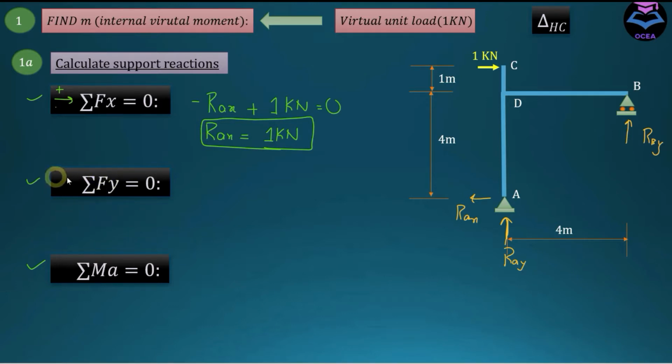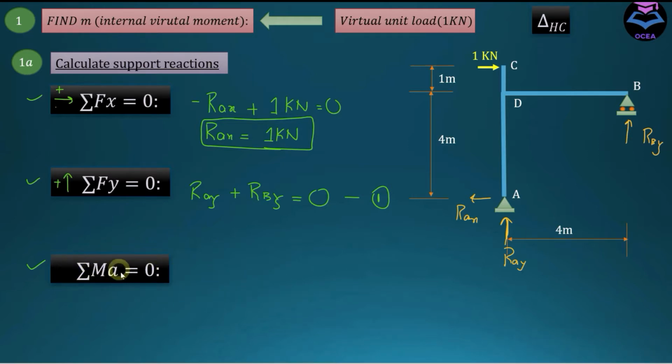And if I apply a summation of Fy and take upward forces as positive, then RAY, since it's going upward, is going to be positive, and RBY is also going to be positive. And let's name this equation as equation number 1.